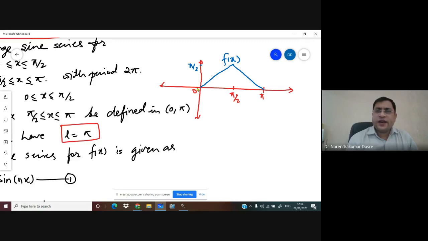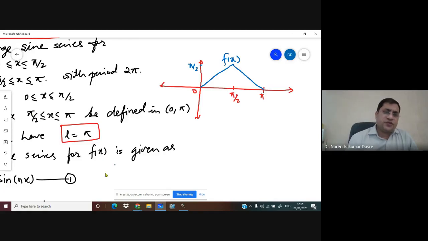Now we have to find the integral. So what we have to do is we have to find from 0 to pi by 2, because here the definition of the function is changing. So the curve is changing, and hence we have to split this integral into two parts, from 0 to pi by 2 and pi by 2 to pi. Okay.